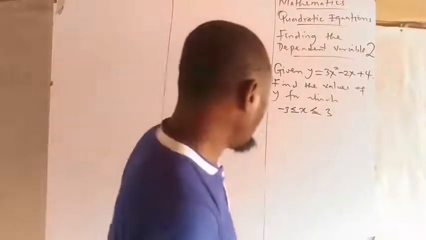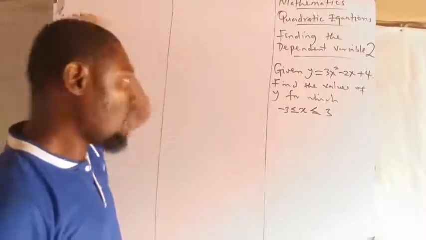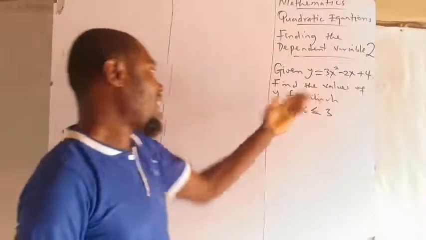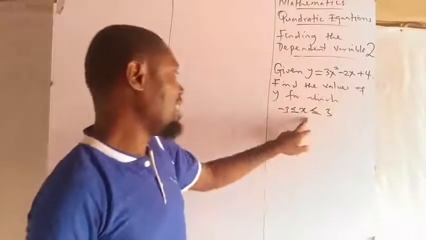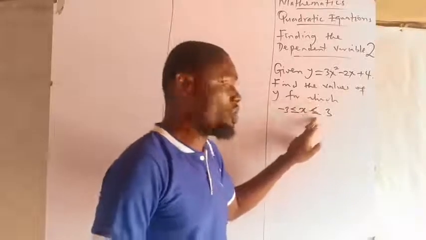So here we have that, given y is equal to 3x squared minus 2x plus 4, find the values of y for which x is greater or equal to minus 3, less than or equal to 3.